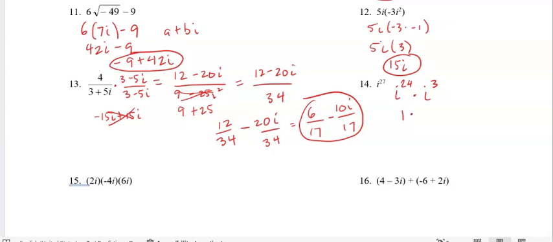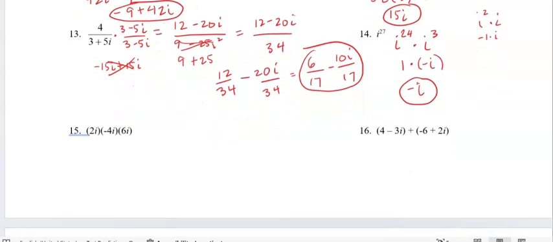And so it's just a matter of knowing what i to the third is, but it's just i squared times i. i squared is -1 times i. So i to the third is just -i. And now when I multiply these together, I get -i as my answer.